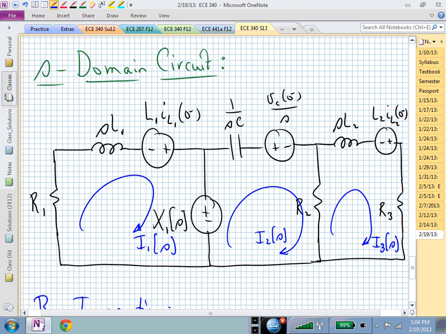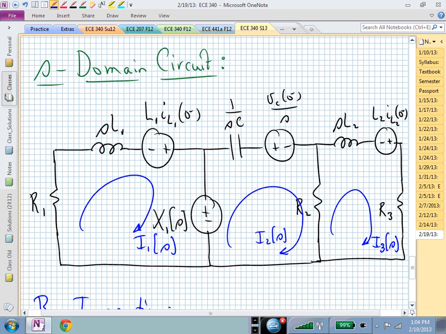For the initial condition on the inductor, if I increase that, would that make I sub 1 bigger? It would make I sub 1 increase, wouldn't it? So this is going to come in with a positive sign on the right-hand side. Whereas if I increased x sub 1 of s in a positive manner, that's going to want to impede or reduce I sub 1. That source is going to come in with a negative sign on the right-hand side.